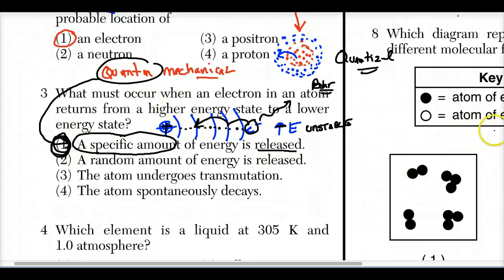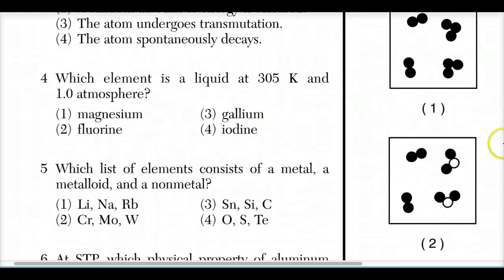Okay, moving forward. 4. Which element is in the liquid state at 305 K and 1 atmosphere? All right, well, a couple ways you can look at this, but you have to know the melting points, or at least some of the initial STP conditions of elements. So at STP, it's about 273 Kelvin, which of course is about 0 degrees Celsius.